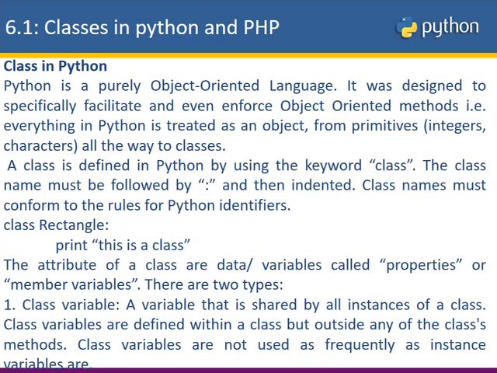Class variables are variables that are shared by all instances of a class. They are defined within a class but outside any of the class methods. We will see an example of a class variable as we continue. Class variables are not used as frequently as instance variables. Instance variables are used frequently.